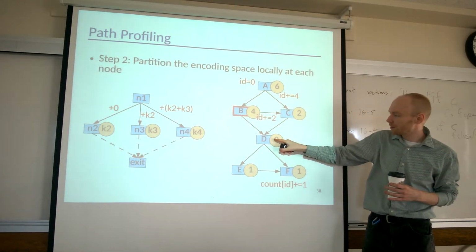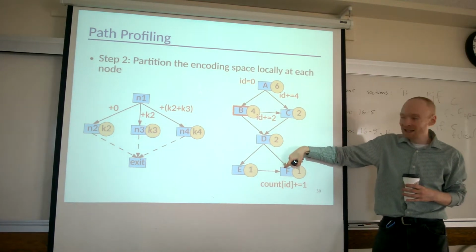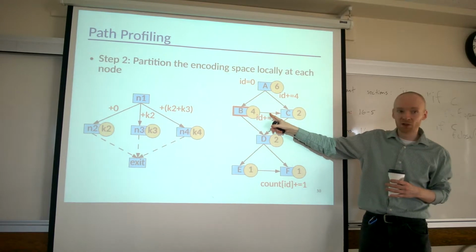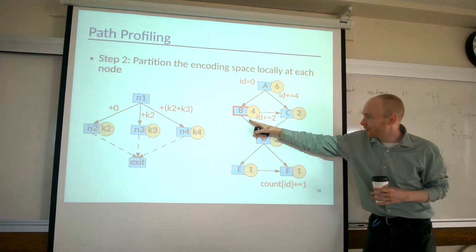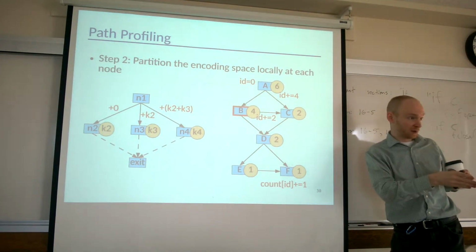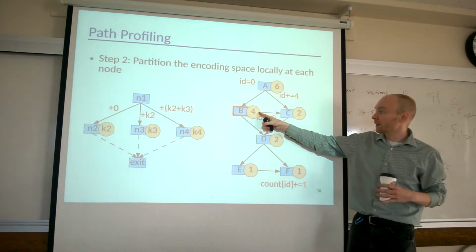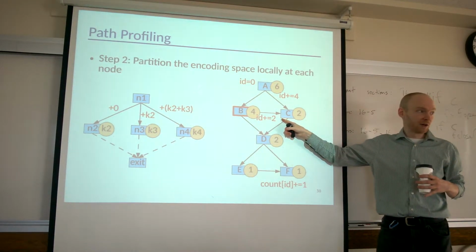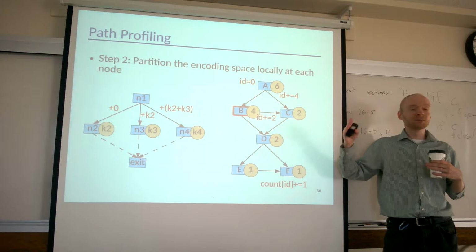So because there are 2 different paths going from D, we look at this value here, we have to add 2 along this edge. So the paths that go this way are in the range 0 up to less than 2. And the paths that are along this way are 2 and 3, in the range of 2 up to less than 4.